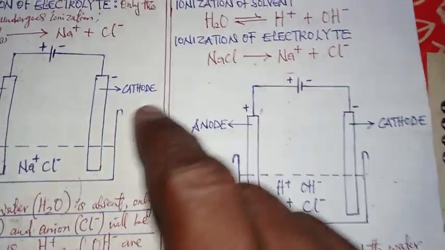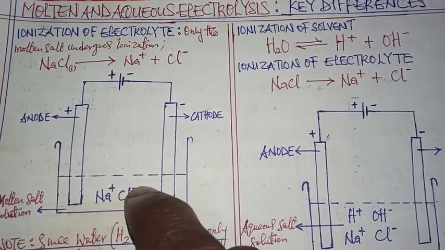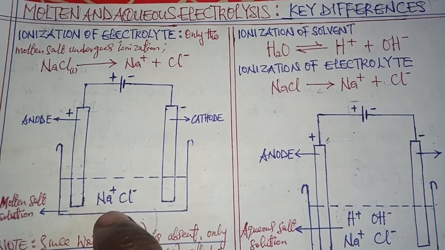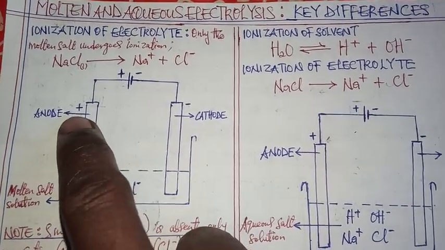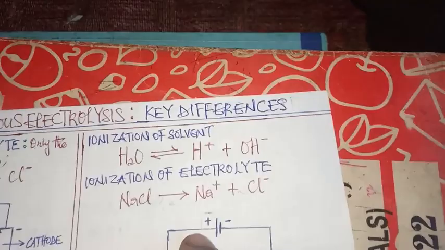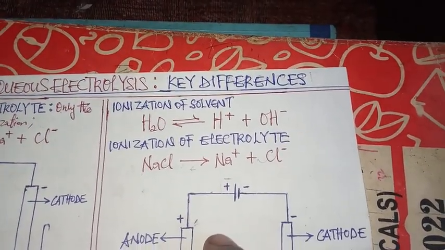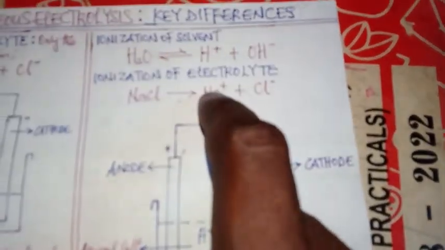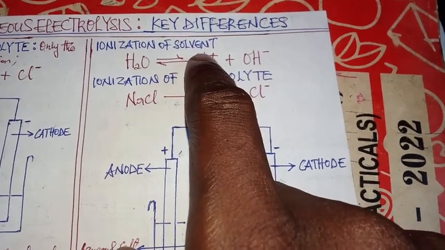Ionization. In molten electrolysis, we want to have one cation and one what? Anion. So we already know what is going to be moving to the cathode and what is going to be moving to the what? Anode. But when we come to aqueous electrolysis, since water is undergoing ionization, we are going to have two cations, which are sodium ion and hydrogen ion.